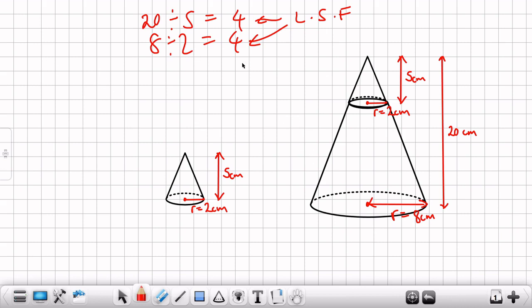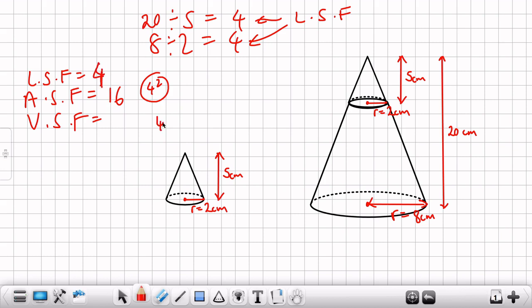Right, now, if linear scale factor happens to be 4, area scale factor is going to be 4 squared, 16, right? And then the volume scale factor is going to be 4, see that 4 over here, to the power of 3. That'll be 64.